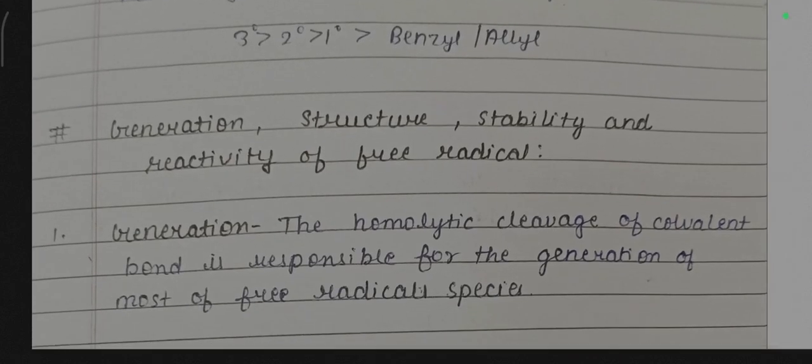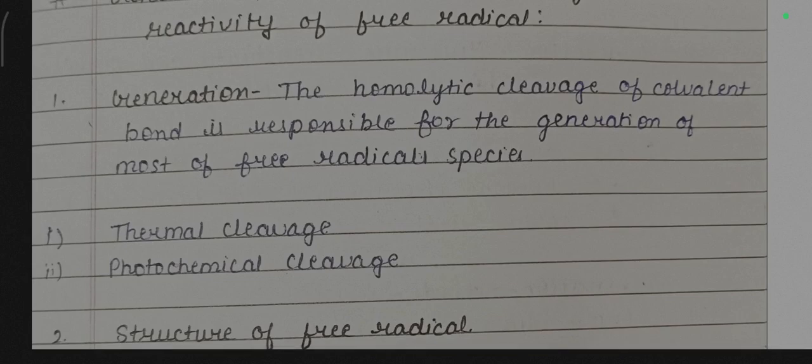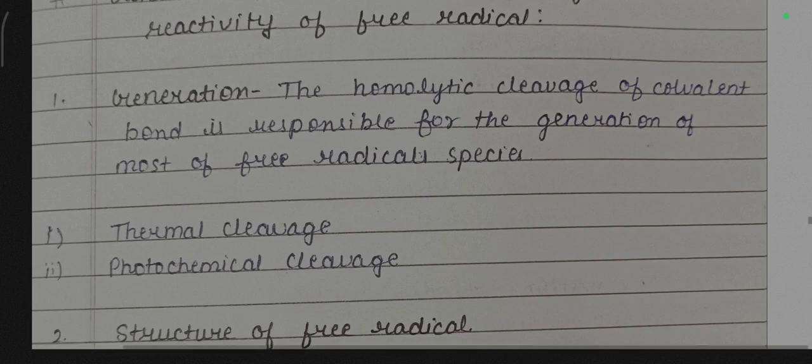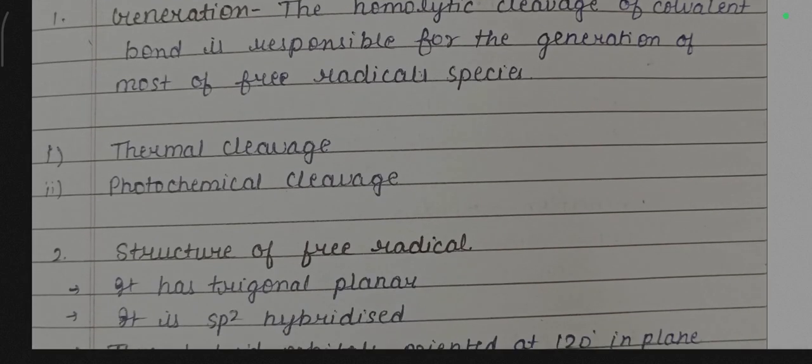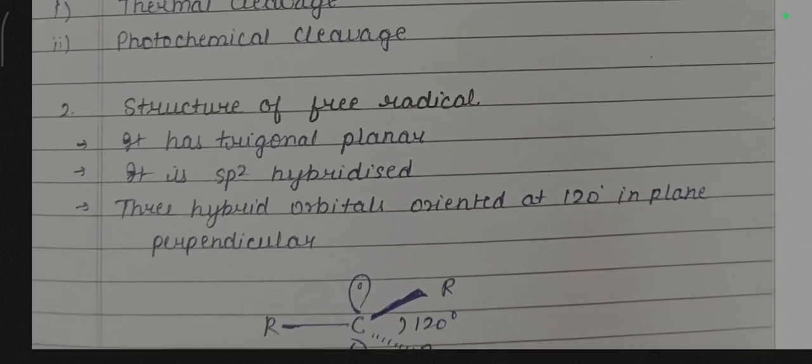Generation, structure, stability, and reactivity of free radicals. Generation. The homolytic cleavage of a covalent bond is responsible for the generation of most free radical species. First is thermal cleavage, second is photochemical cleavage. Structure of free radical. It has trigonal planar geometry.